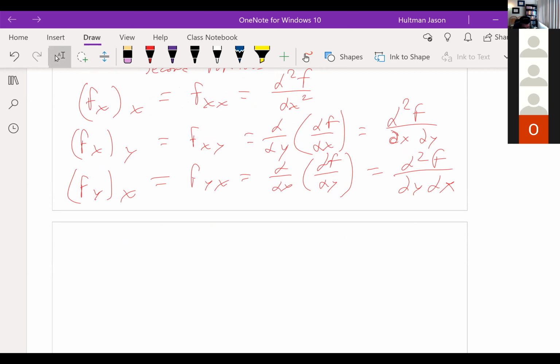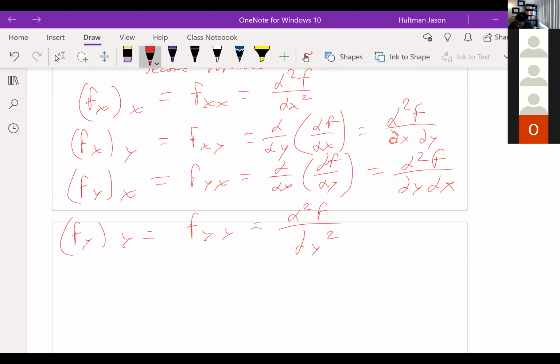And then f sub yy just means take the partial with respect to y twice. Partial y squared. So that's that notation.